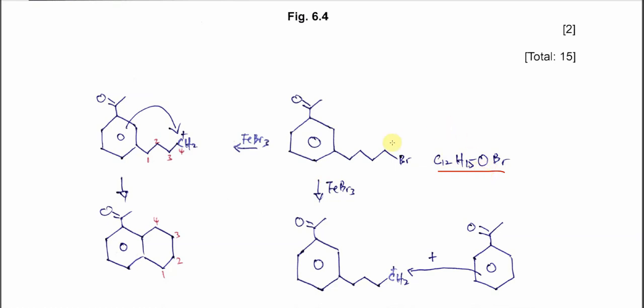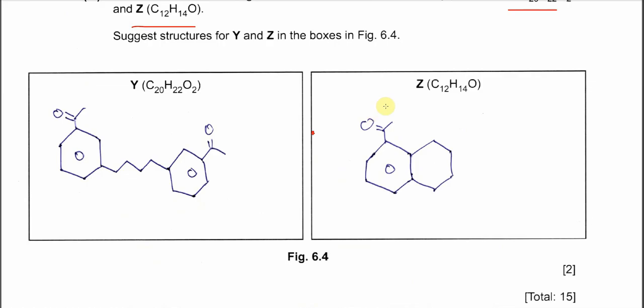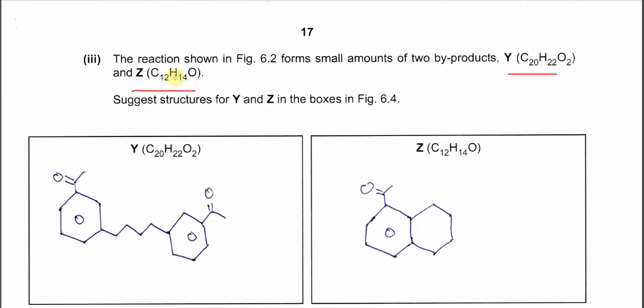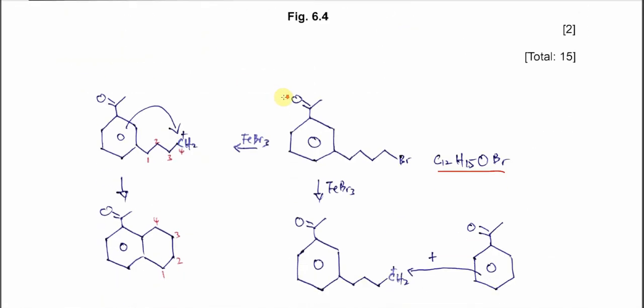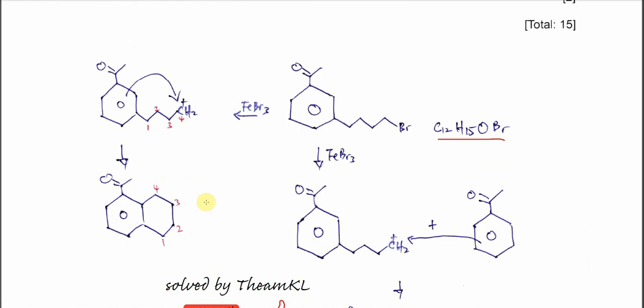If we compare with this one again, C12H14O, the difference is HBr, which means the product here has extra HBr compared to Z. So we know that it is going to remove HBr. Once the HBr is removed, this one becomes 14, and the Br is gone. So it will form the molecular formula of Z, C12H14O.